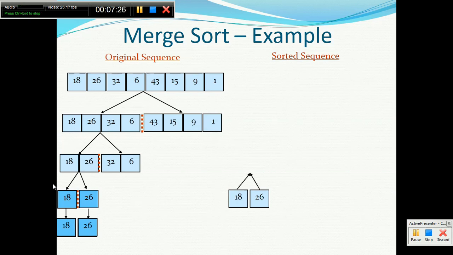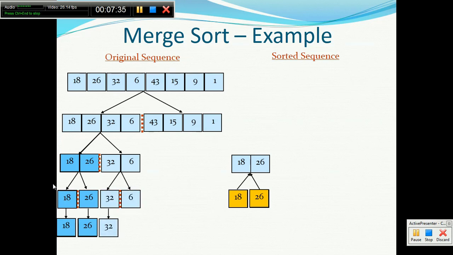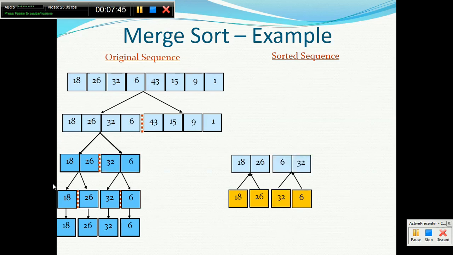Okay, so it will be combined. Now I will take the next half, 32 and 6. 32 will be added to the sorted sequence, and 6 will be added to the sorted sequence. Then I will combine. Now I have two sorted arrays, one array with 18 and 26 and the second array with 6 and 32.